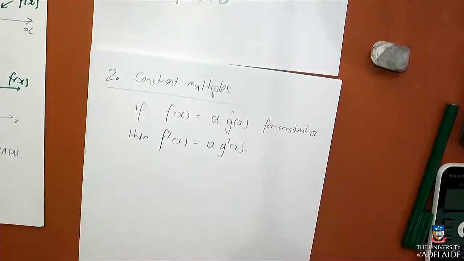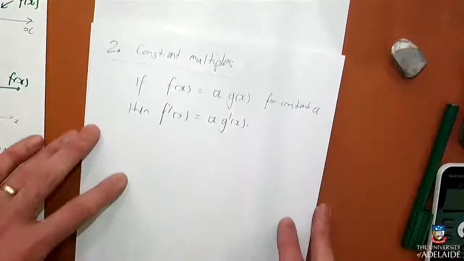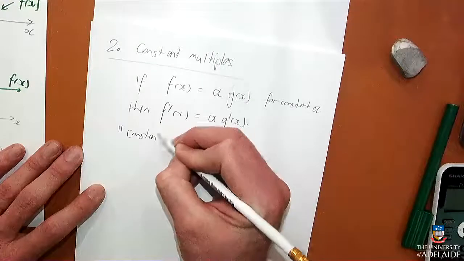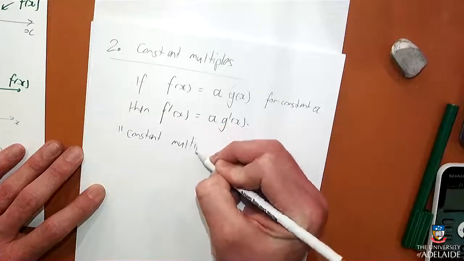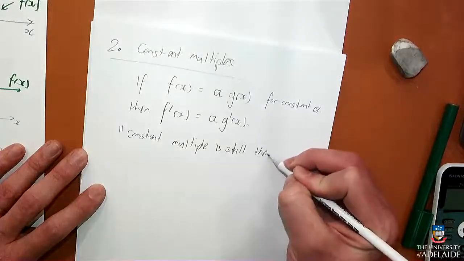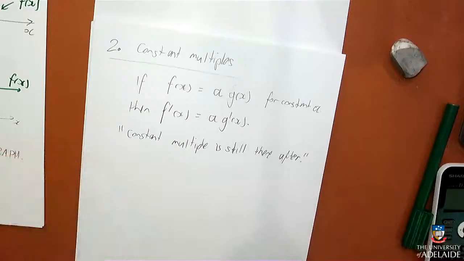But that's a little hard to actually process most of the time. It's a lot easier for me to just remember that if there's a constant multiplied on before, then there's still that constant multiplied on after. So in my head it's: if there's a constant multiple, it's still there after.